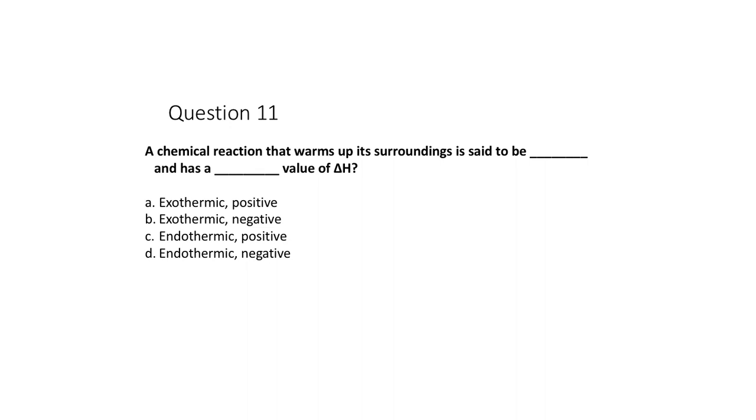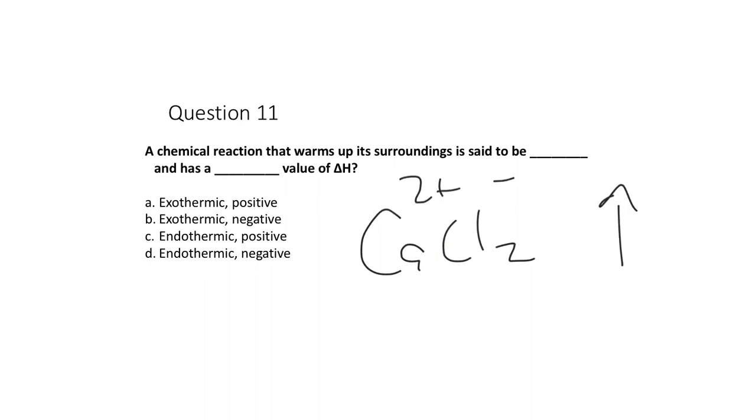Let's say we put something like calcium chloride, I think is a good example. We put calcium chloride into water, and the water temperature goes up because the calcium is going to 2+, the chlorides are falling off and ionizing in solution. So this compound going from a solid to aqueous, and in the process of ionizing, leads the solution to warming up. We can say that's an example of an exothermic reaction.